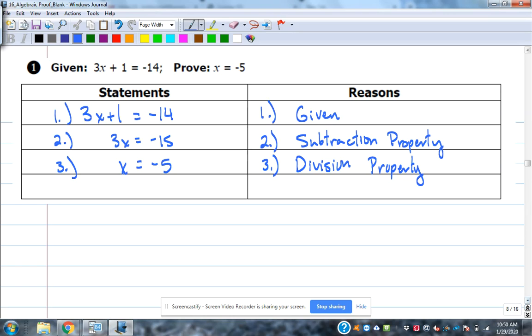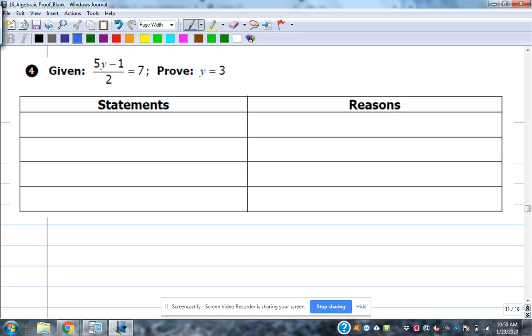Let's go to number 4. That looks more interesting than the rest of those do. What, you don't want to do those by yourself? Okay. All right. So number 1, given, because that was bestowed upon us. All right. Number 2.